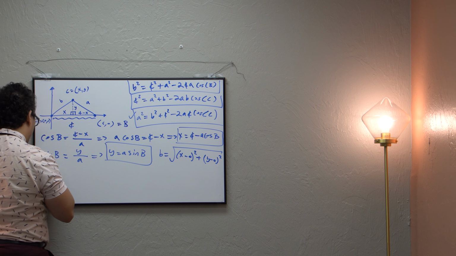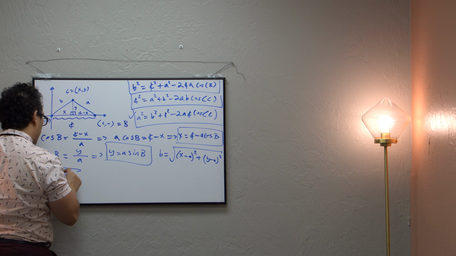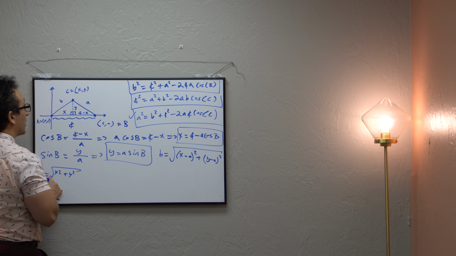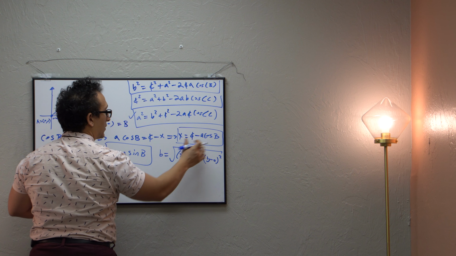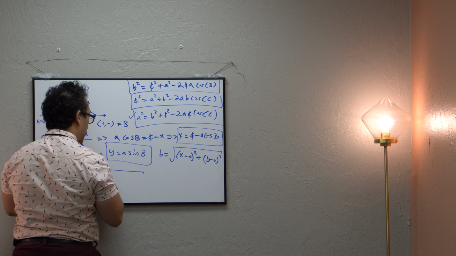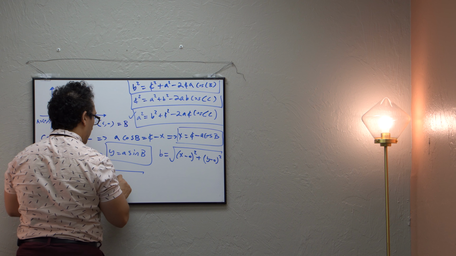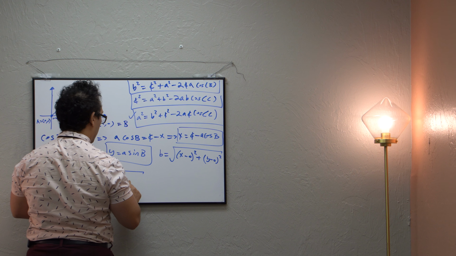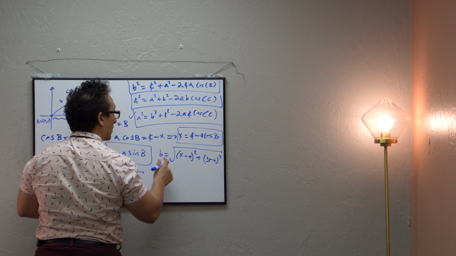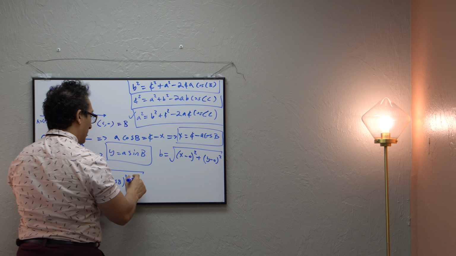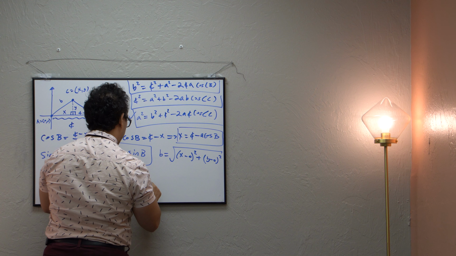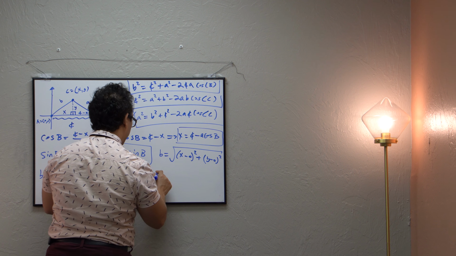So I get b is equal to the square root of x squared plus y squared. Okay, so that means that's equal to the square root of this thing squared, little c minus a cosine of capital B squared, plus y. What is our y? This guy. A squared sine squared B.